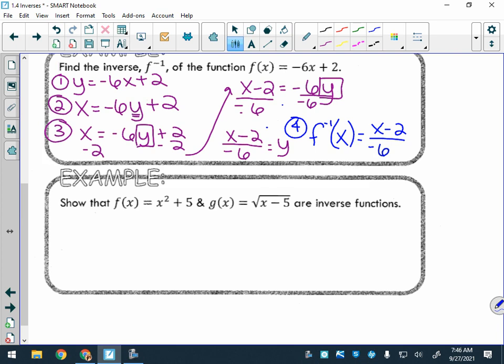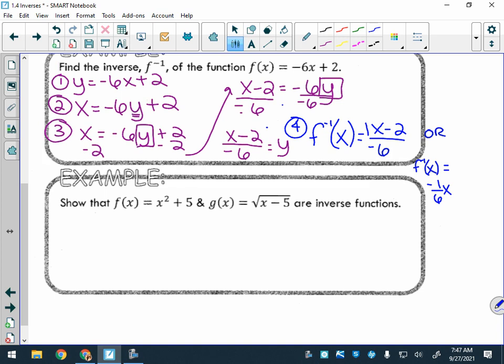So if you were to see something like this, x minus 2 over negative 6, you could also rewrite it, and pay attention, because you will see this: negative 1/6 x. And what's negative 2 divided by negative 6? What does that reduce to?